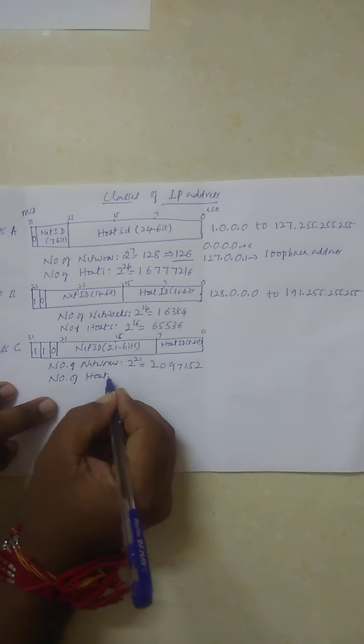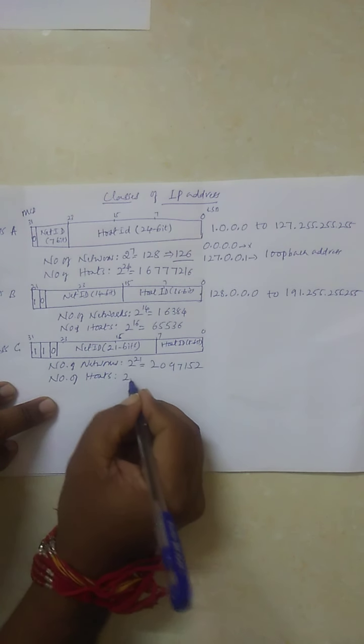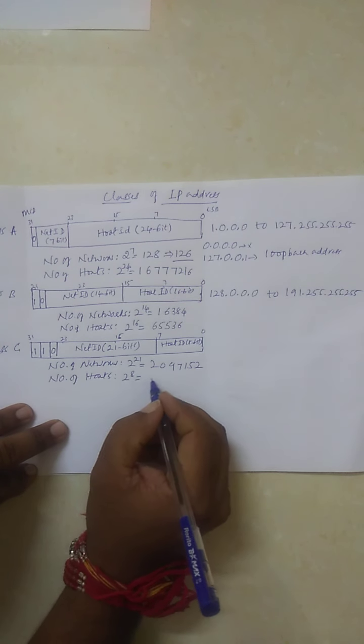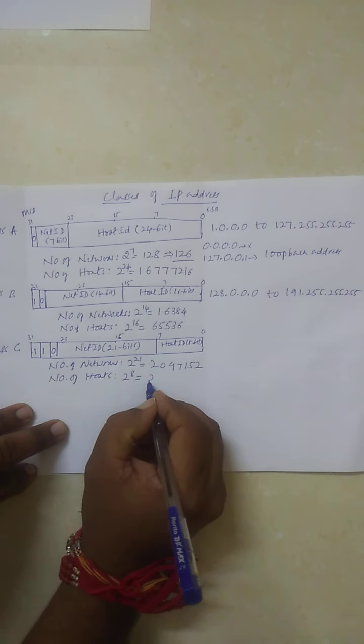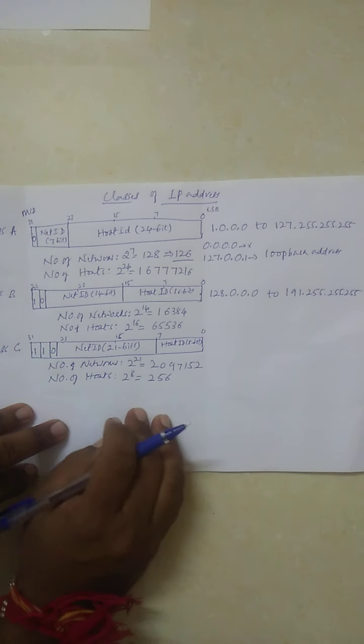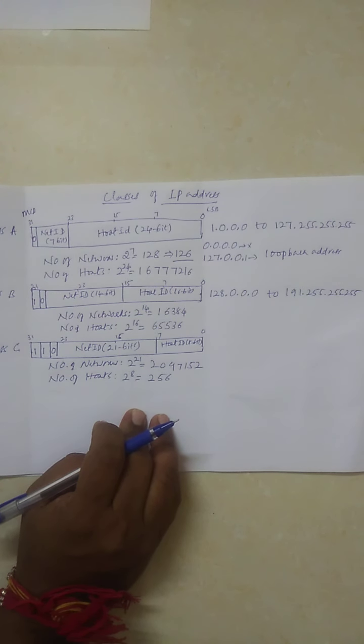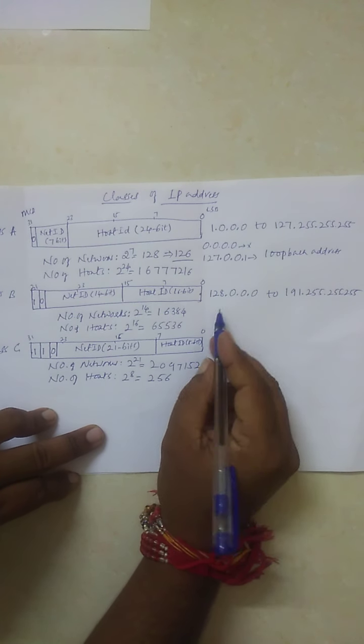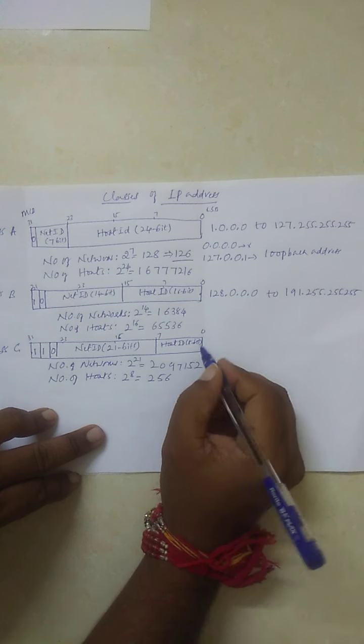I can have a maximum of 2^8 hosts, because my host ID size is 8 bits. 2^8 is nothing but 256, the maximum hosts I can have in a single network. How many such networks are there? 2097152.